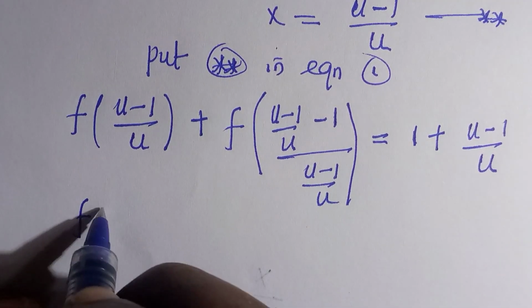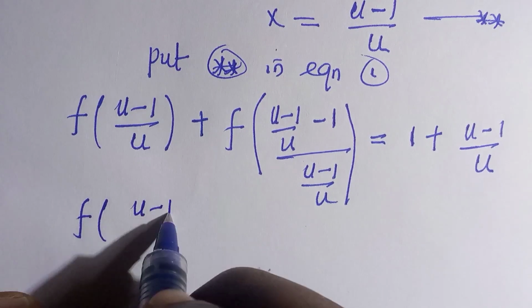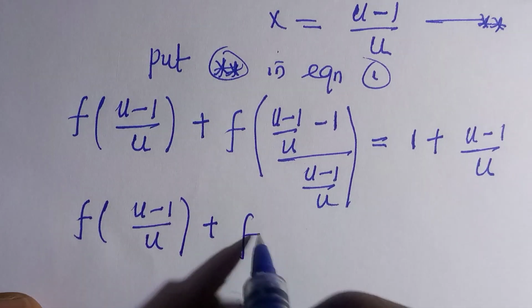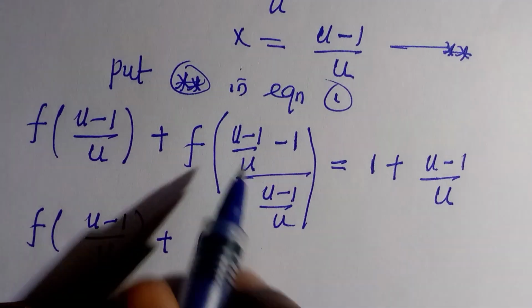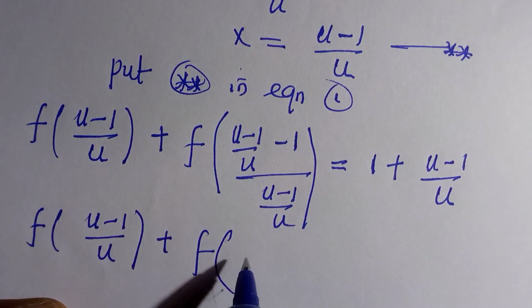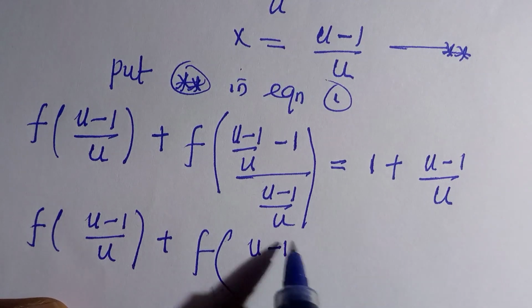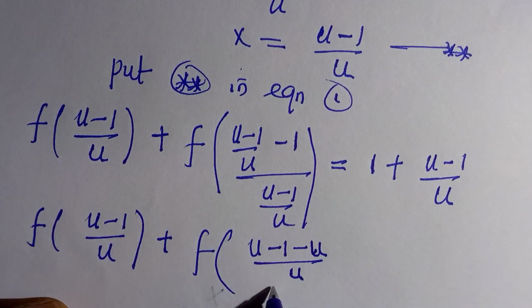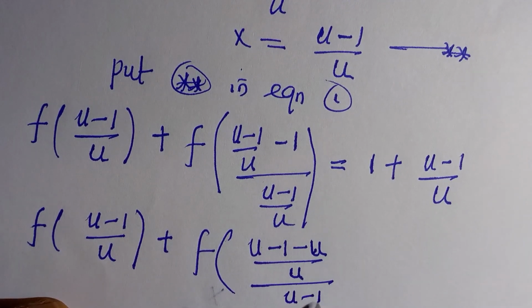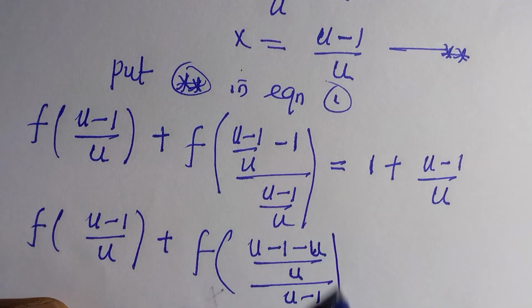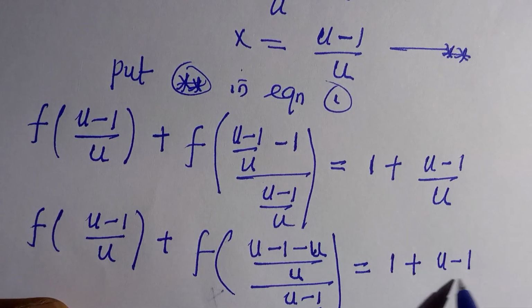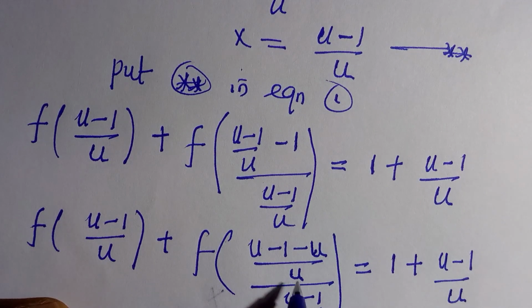For this one, we have f of u minus 1 divided by u plus f of, if I find the LCM, u multiplied by minus 1, then we have u minus 1 minus u, divided by u, everything divided by u minus 1 divided by u. Bracket everything equals 1 plus u minus 1 divided by u.